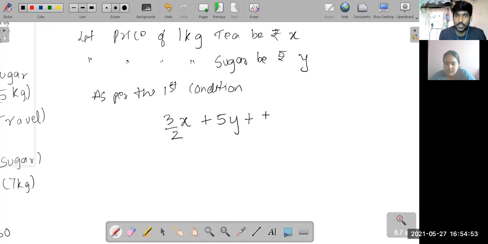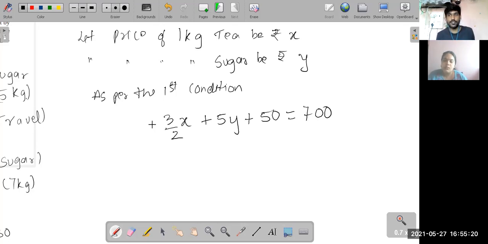You add the travel also. How much did she pay for travel? Can you read and tell? She paid rupees 50 for return. So plus 50, and that is equal to her total expense, which is 700. So this will be your first equation.